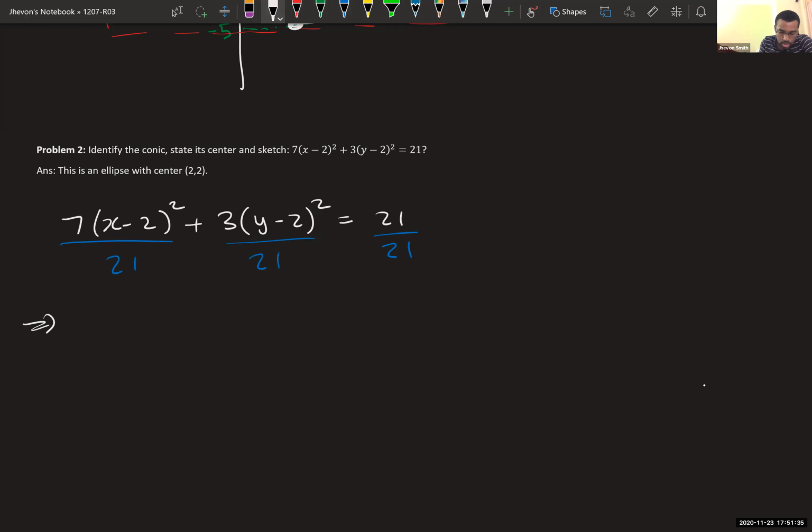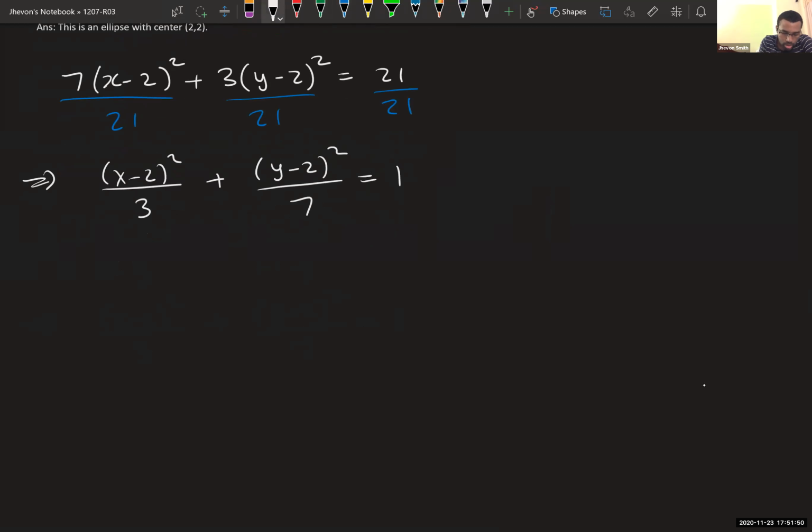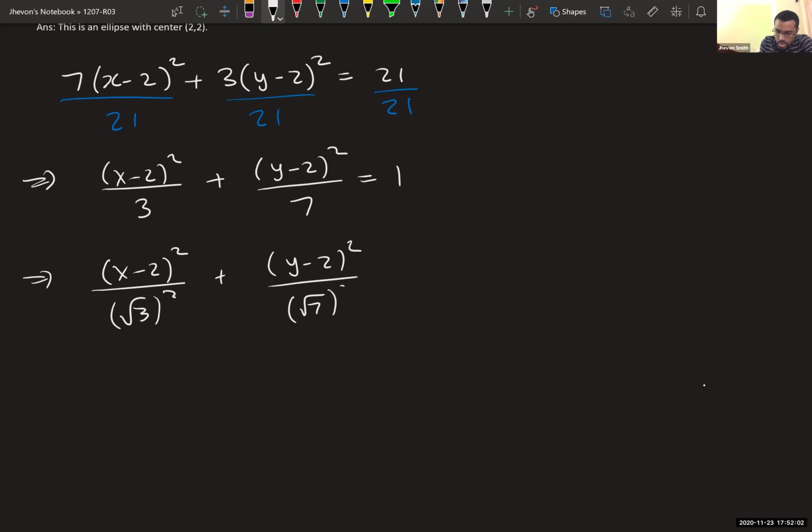So this leaves us with, 21 divides into that, goes 3. And here, 21 divides into that, goes 7. I would think of this as radical 3 squared, radical 7 squared.